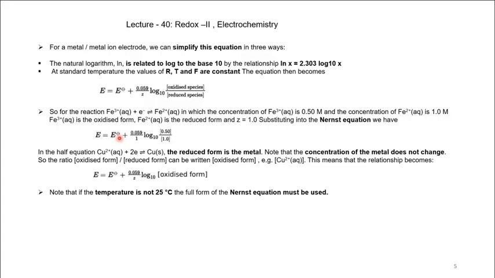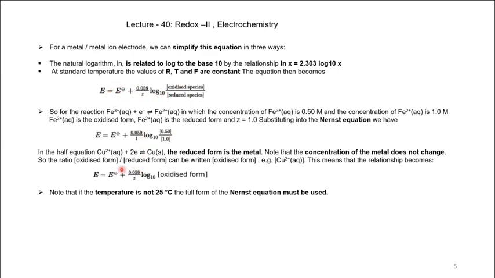Okay, so for copper, we can reform this one to the concentration of the oxidized form, and we have to remember carefully that if the temperature is not 25 degrees Celsius, then we have to use the Nernst equation in full form. We cannot simplify this equation.